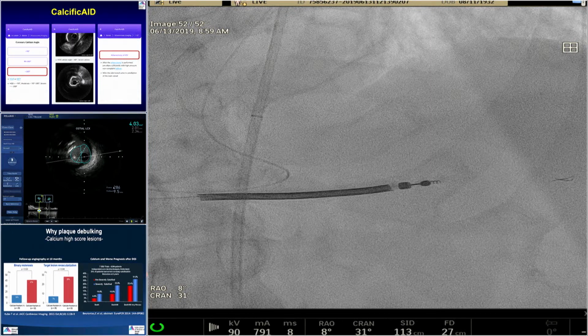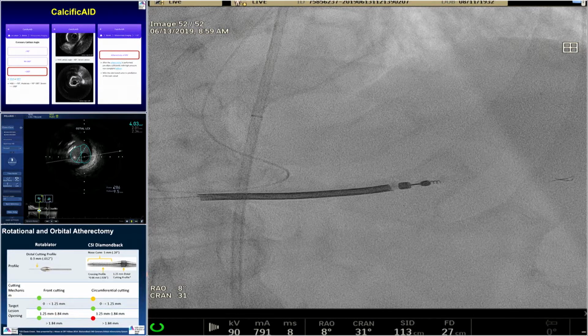I have a question to ask Dr. Kinney. How do you decide between rotablation and orbital atherectomy? We don't have access to orbital in Europe. What makes you decide for rota instead of orbital in this case?